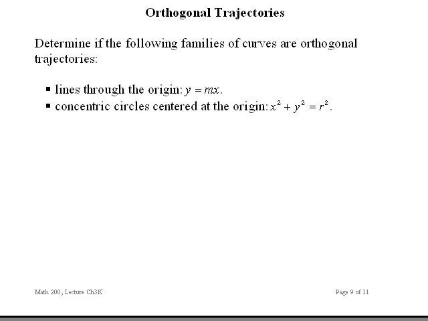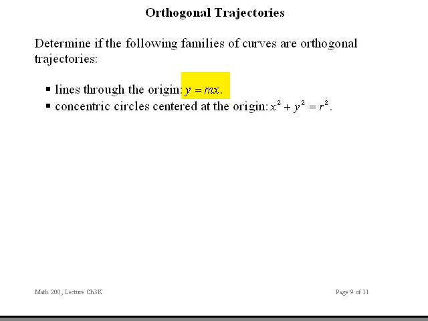Now I'm going to work out an example and then show you the graph of the result. I want to determine if the following family of curves are orthogonal to make orthogonal trajectories. The lines to the origin are going to be one family of curves, and that's y equals mx. So this is a bunch of straight lines all going to the origin, all having different values of slope.